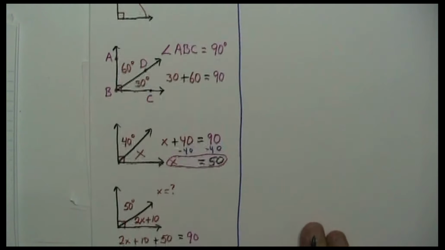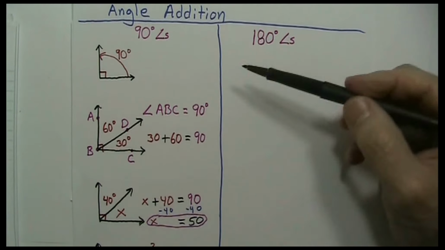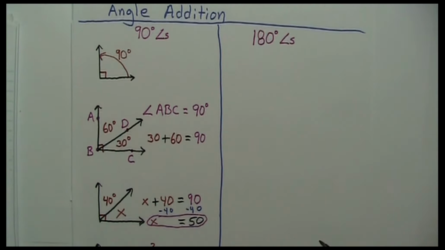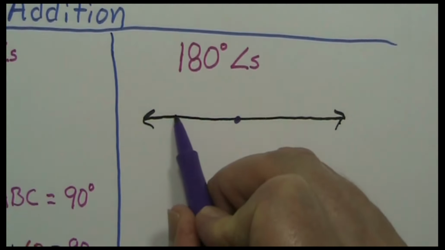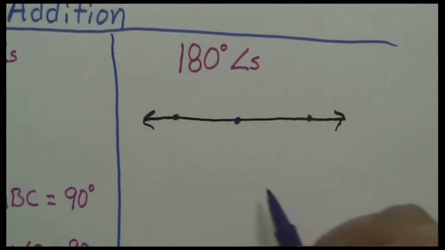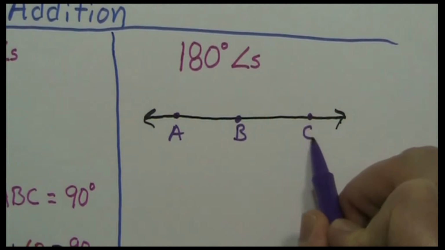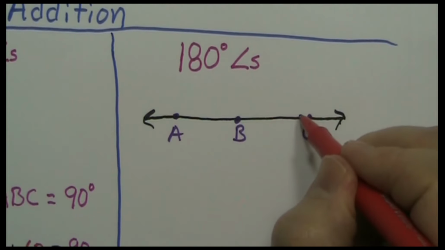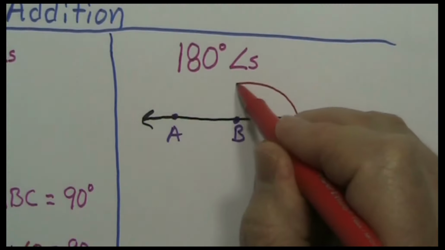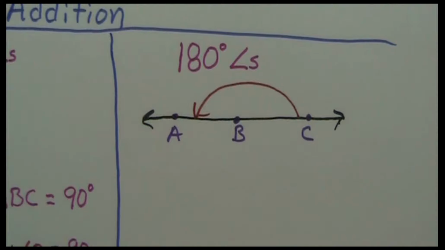Okay, so now we did the 90s. Let's go to the 180s. We'll also do 4 problems just on this side right here, so if you want to line them up. So you may see a line that looks like this. And let's just say that this is point A, point B, and point C. And from here to there is 180 degrees.